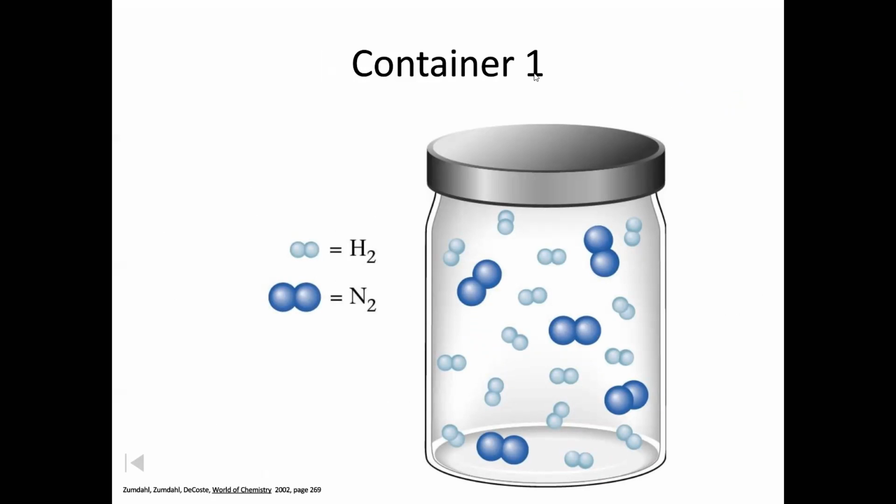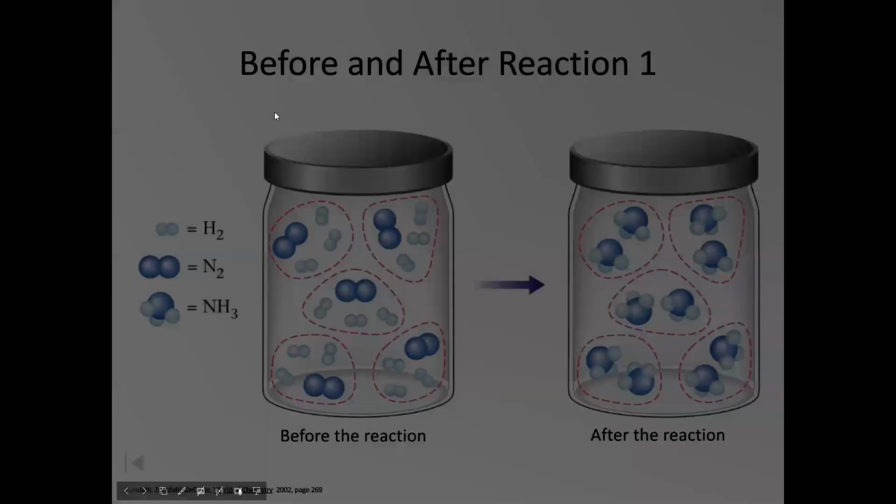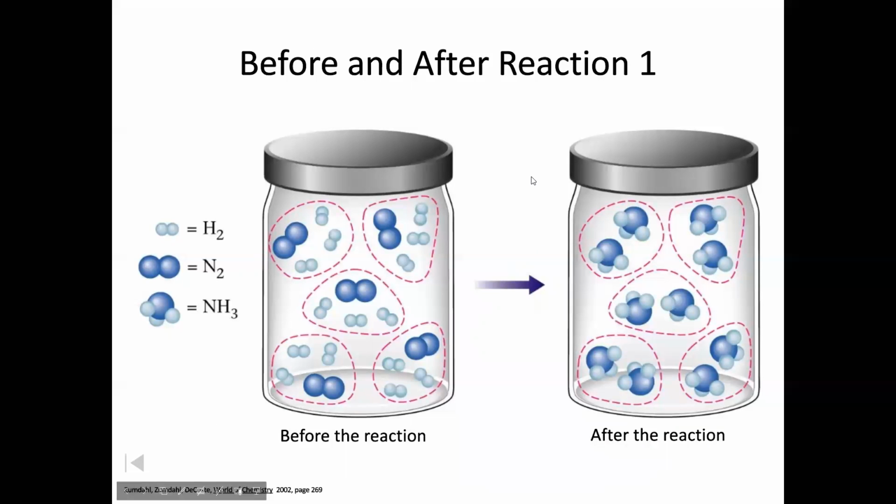You're going to get a lot of visualization like this as well. The Zumdahl people do the AP Chemistry textbook that I like to use. But when you look at the containers, you've kind of got stuff floating around, and you can draw a line in your head to corral stuff.